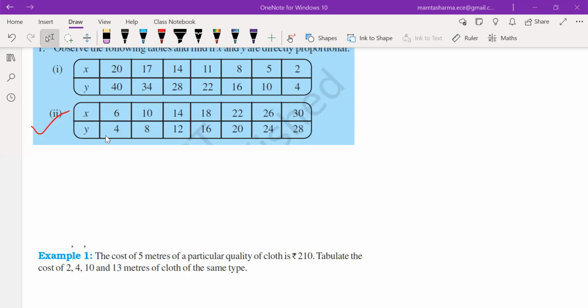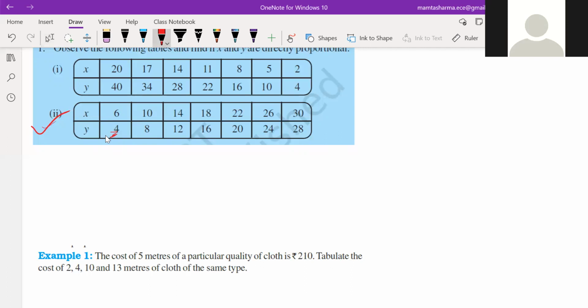Please continue. Is the second a direct proportion or not? Ma'am, they are not in direct proportion, they are inverse proportion. How can you say? Ma'am, because X1 by Y1 is not equal to X2 by Y2 and X3 by Y3. All of them are not equal.